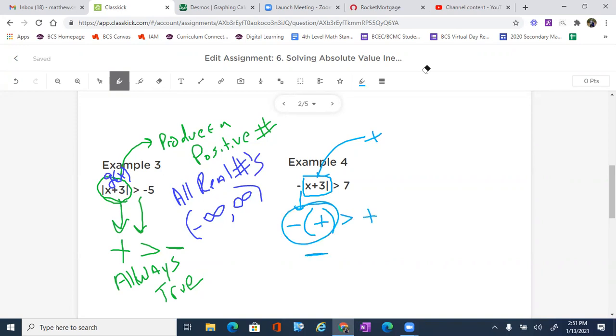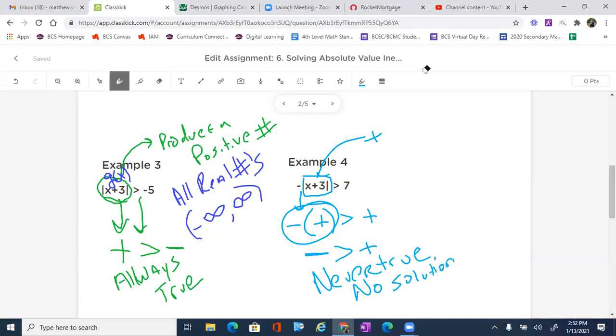A negative times a positive is a negative, greater than a positive. Are negatives greater than positives? Absolutely not. This is never true. Negative numbers are not going to be greater than positive numbers. So in this case, since it's never true, there should be no solution.